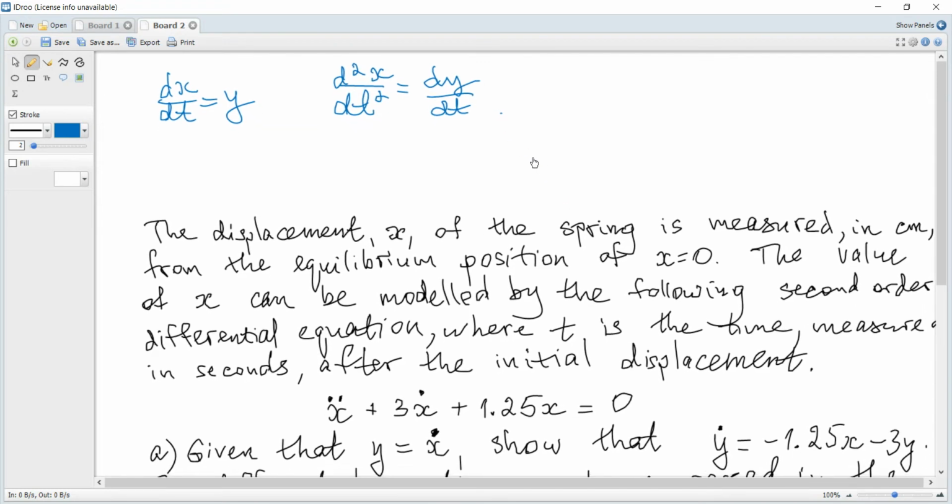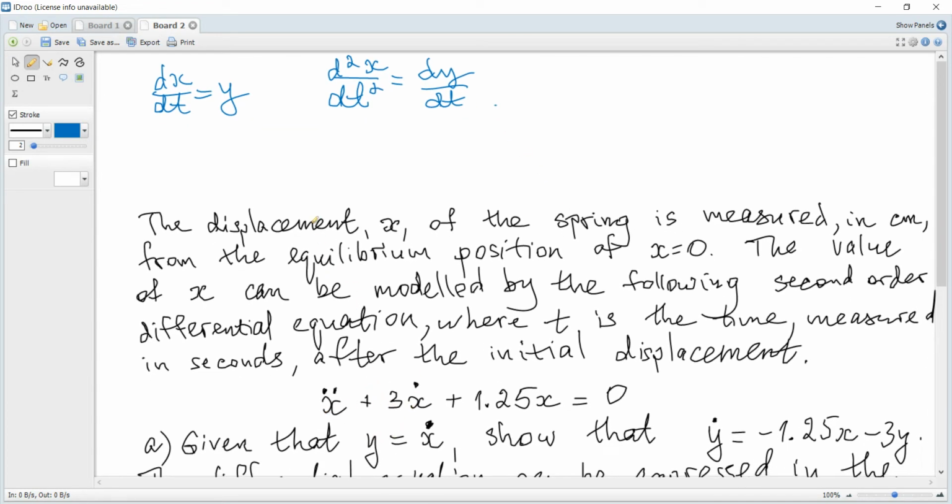And hence our equation becomes dy over dt plus 3y plus 1.25x is equal to 0.